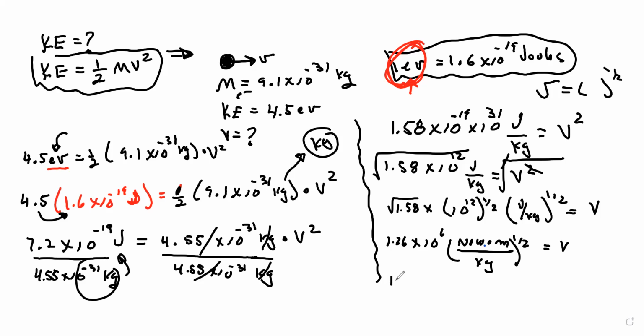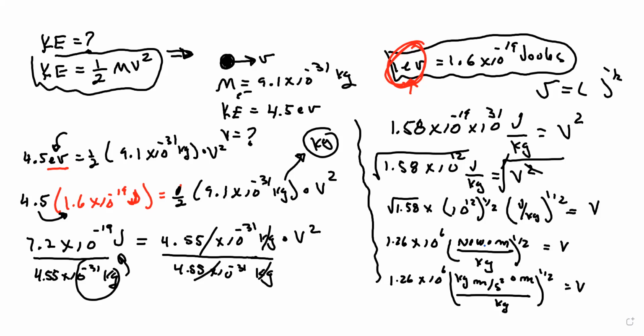So you got 1.26 times 10 to the 6. Newton is defined as kilogram meter over second squared, times the meter, divided by kilogram, and all that is raised to the 1/2, and that's going to throw you your velocity.